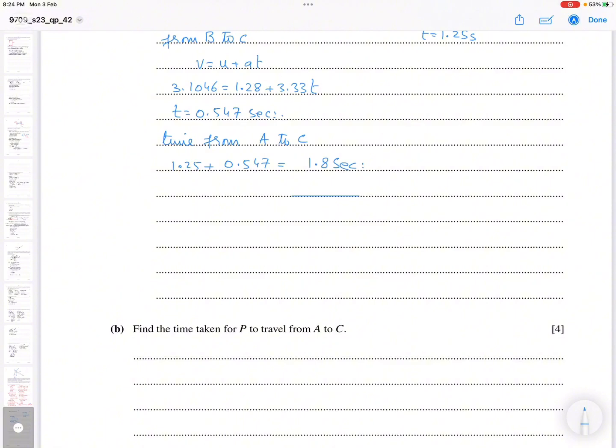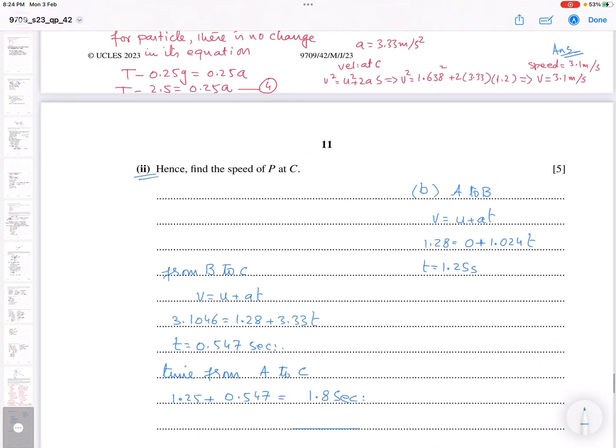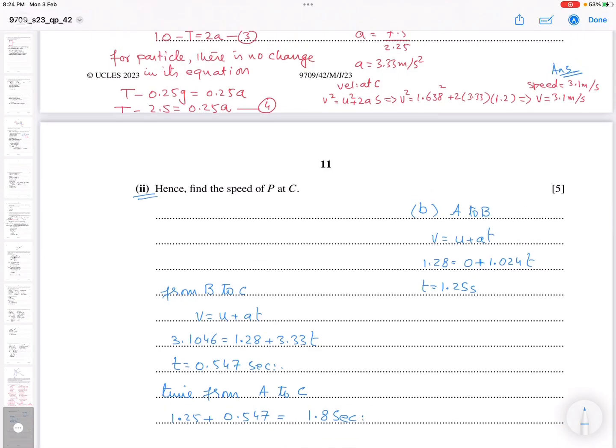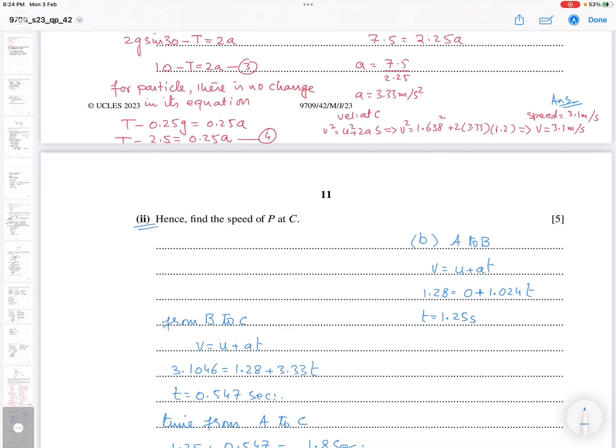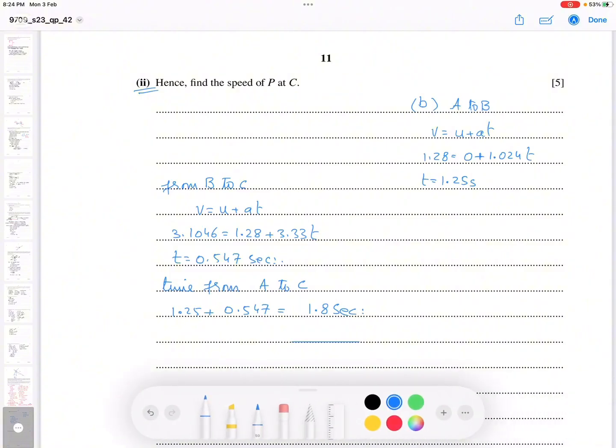Find the time taken for P to travel from A to C. Speed of P at C, 3.14. Okay, let me correct it.